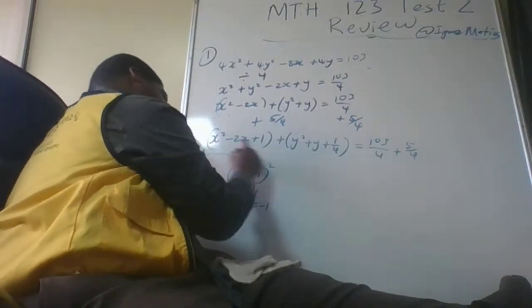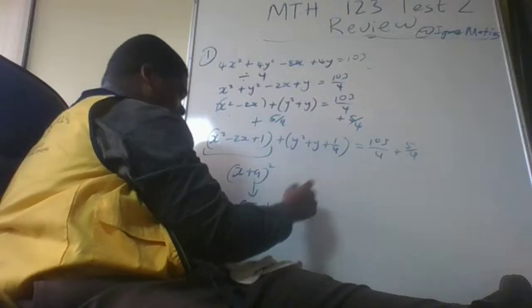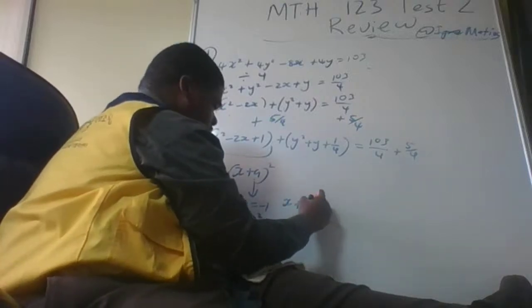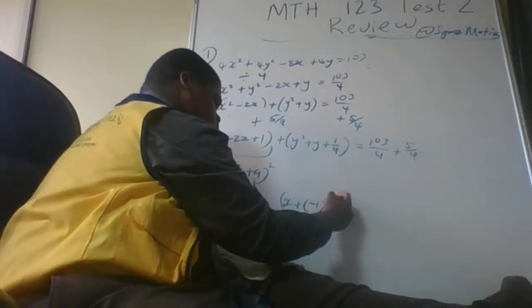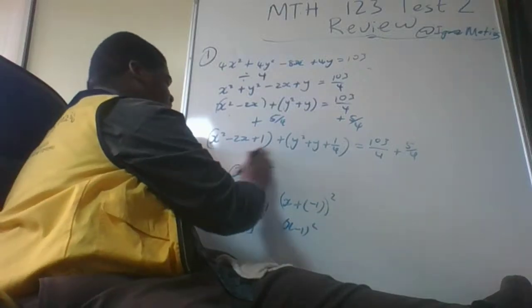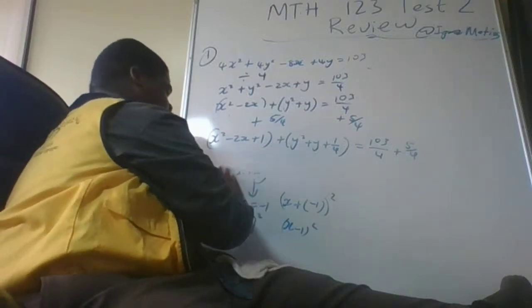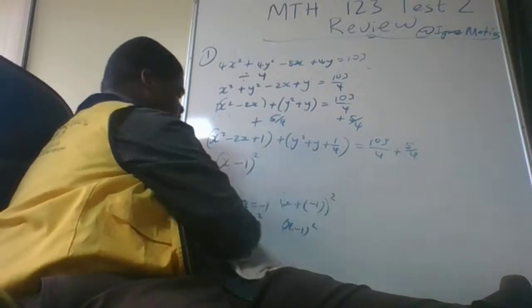So this bracket is going to equal x minus 1 all squared. Or rather, you can say it as x plus bracket open minus 1, because a is equal to minus 1, then all squared. But you still end up getting x minus 1 all squared. So you can replace everything inside this bracket with x minus 1 all squared.